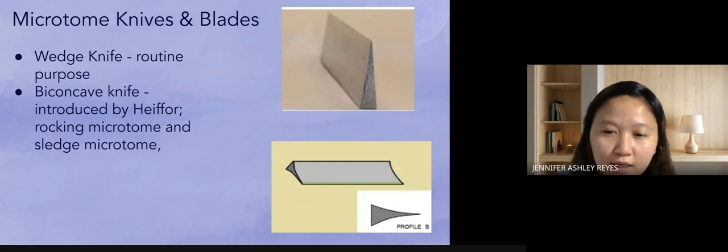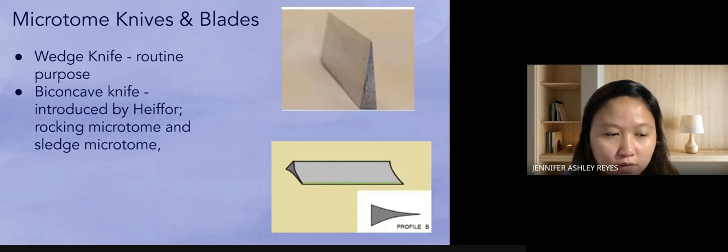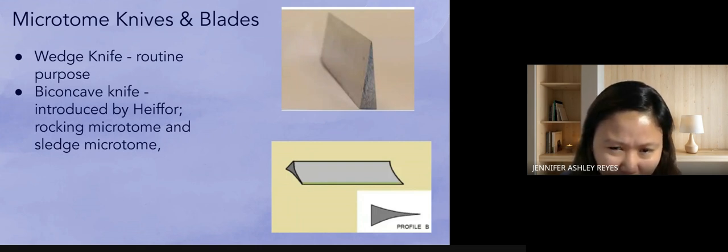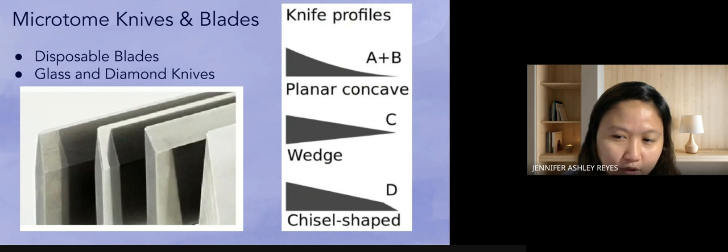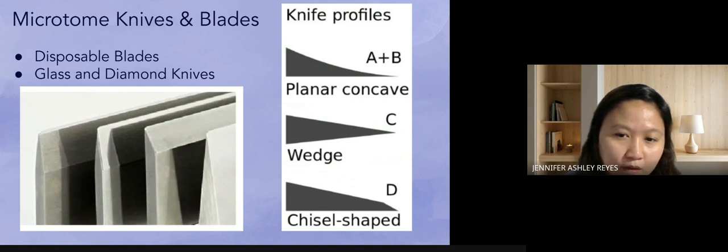And the biconcave knife, introduced by Hi4, is usually present in rocking microtomes and sledge microtomes. Here, you can compare the wedge type with planar concave, and the chisel, which has a specialized use for special types of blocks. So those are the different types of knives.